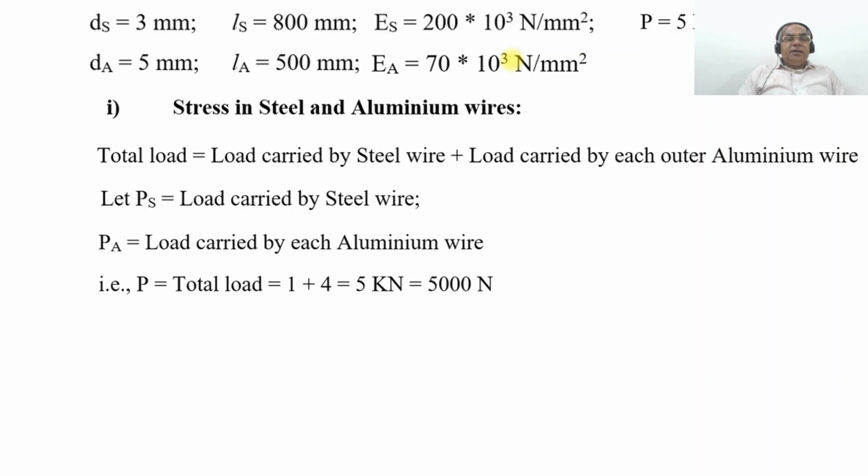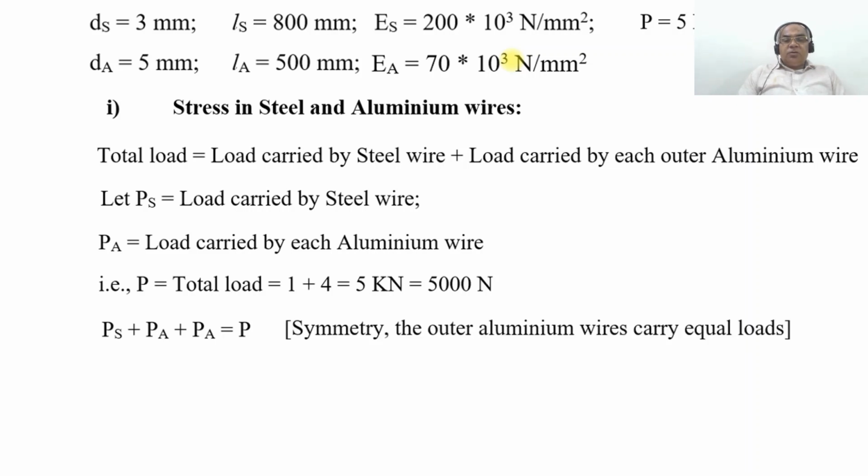Therefore, P is the total load, which is 1 plus 4, equal to 5 kilonewton: 1 is the rigid bar load plus 4 kilonewton applied at the midpoint. That is 5 into 10 to the power of 3 Newton, or 5000 Newton. So P_S plus P_A will be equal to P.